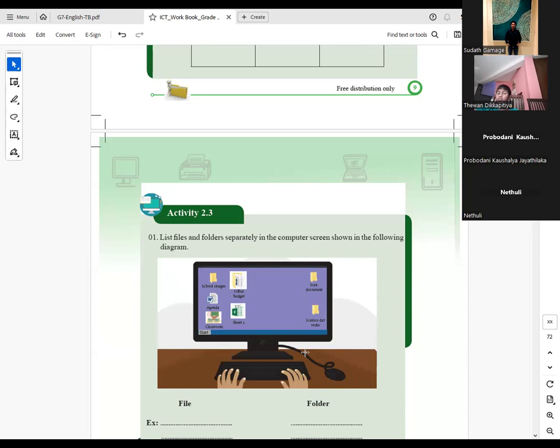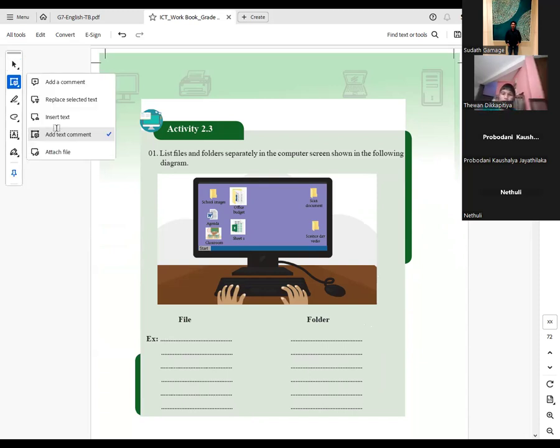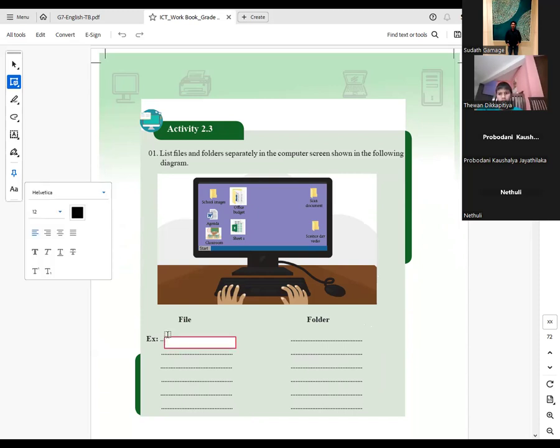Then list files and folders separately in the computer screen shown in the following diagram. What are the files? School images. PDF, Excel, Word. Office budget.